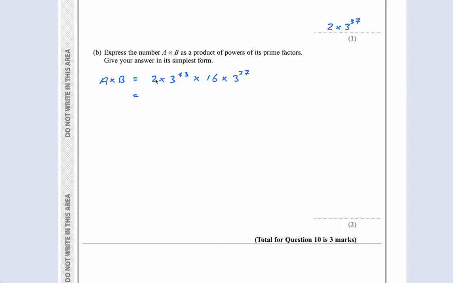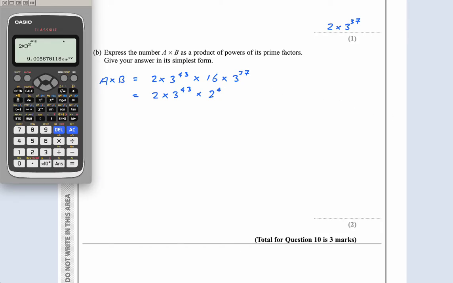Okay, these are already in their prime factors, fine. But 16 is not in its prime factors. But 16, its prime factors are actually just 2 times 2 times 2 times 2. It's 2 to the power of 4. Now, if you didn't know that, although I'd argue you probably should, you could write 16 equals fact, and it gives it to you. So that's 2 to the power of 4.